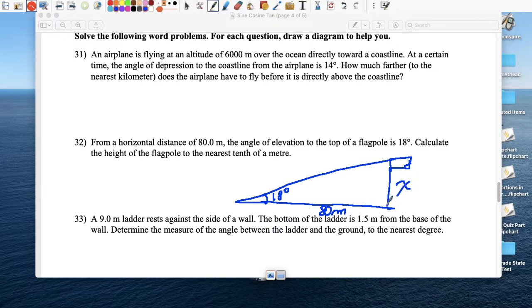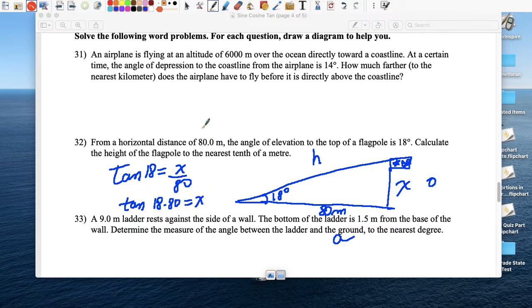So this is what we want here, x. That's the flagpole. Hypotenuse is here. This is my opposite, and this is my adjacent. So this is another tangent problem, right? Tan of 18 is opposite x over adjacent, which is 80. So tan of 18 times 80 is going to give us the height of that flagpole.